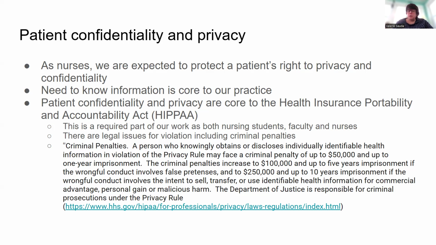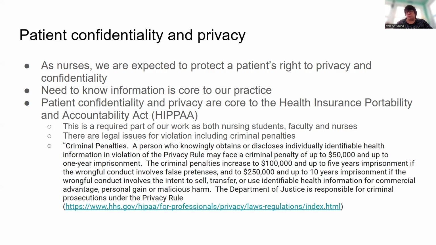Criminal penalties go even higher if the wrongful conduct included false pretenses, basically if there was lying involved. And it goes up even further if you sell that information, transfer it, or use it for commercial advantage, personal gain, or malicious harm.